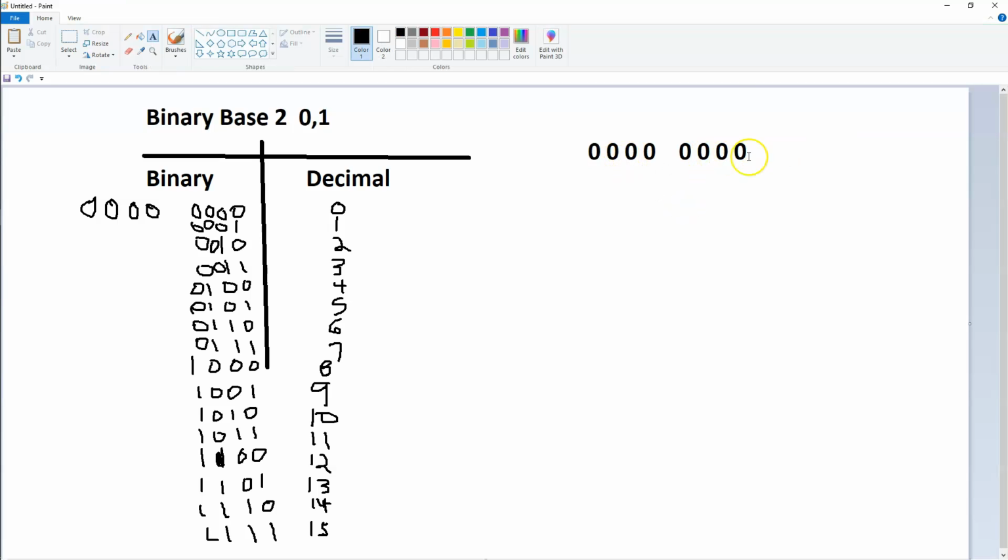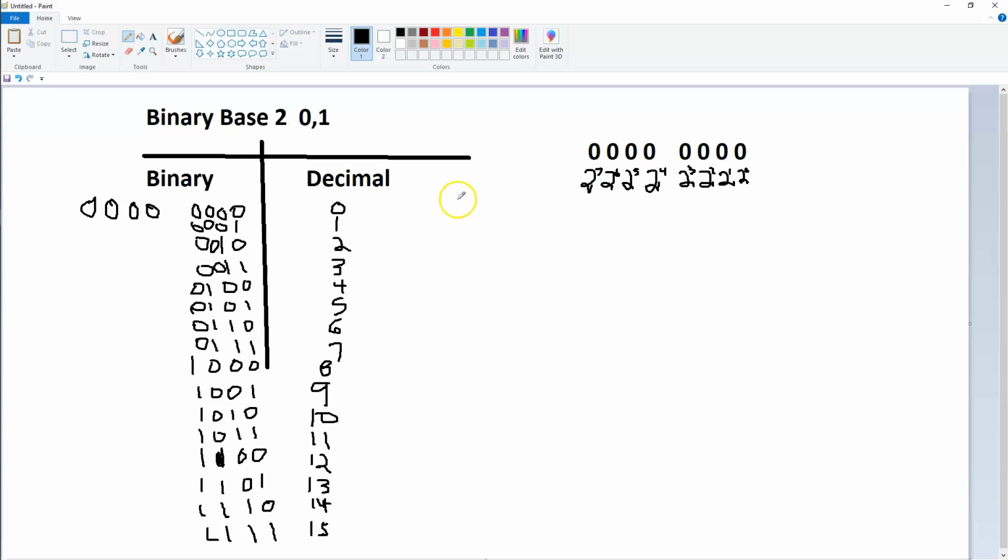So those are zeros, and each one of them is going to be 2 to the 0 power over here, 2 to the first power here, 2 to the second power, 2 to the third power, 2 to the fourth power, 2 to the fifth power, 2 to the sixth power, 2 to the seventh power.